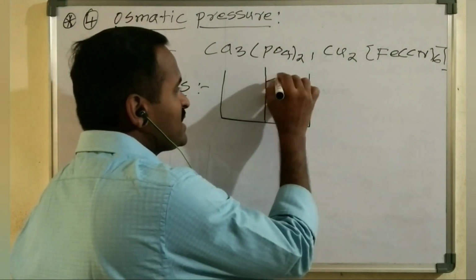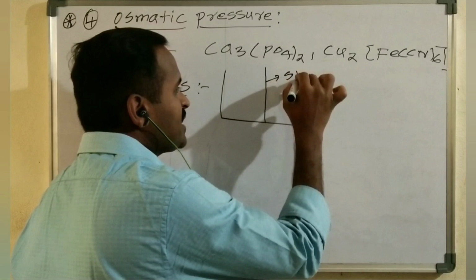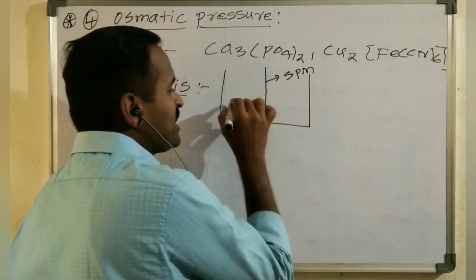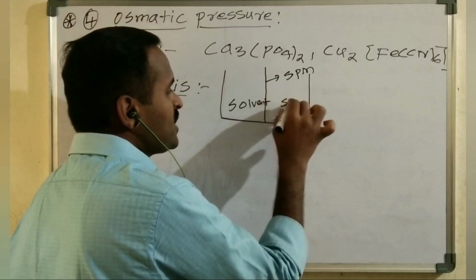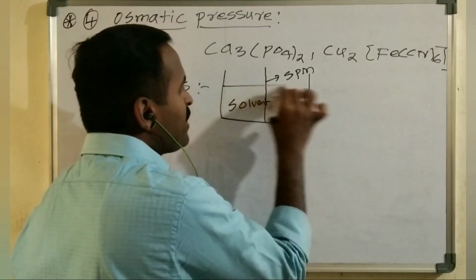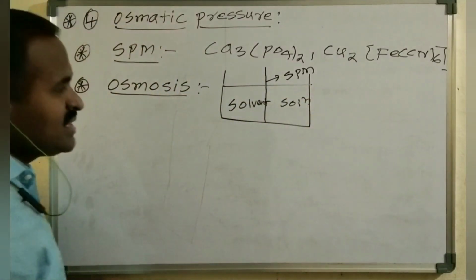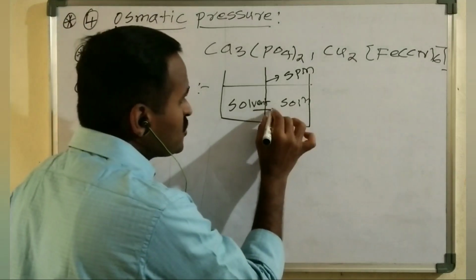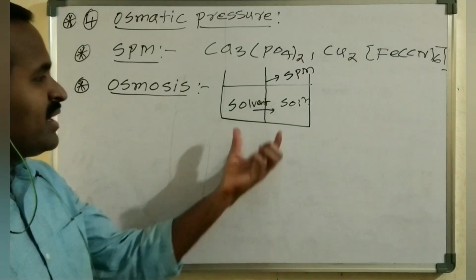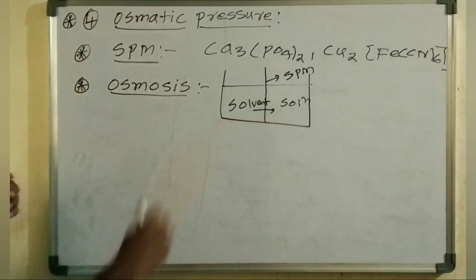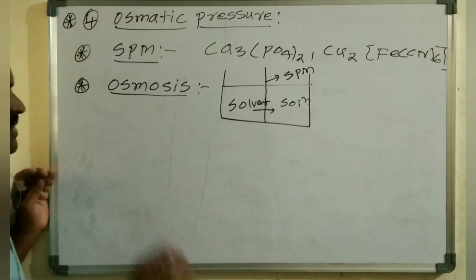Suppose this is a semi-permeable membrane, SPM, and the solvent and solution are separated by it. The solvent molecules start flowing towards the solution side through the semi-permeable membrane. That spontaneous flow is called osmosis.